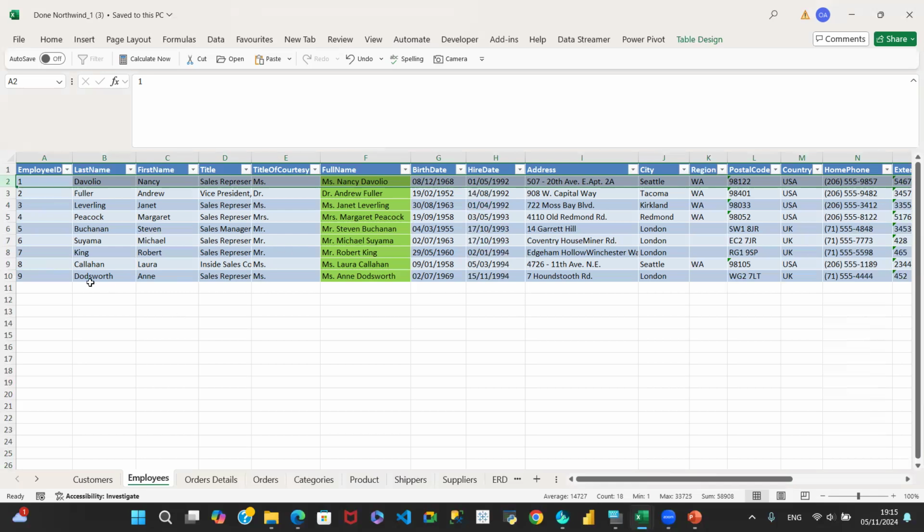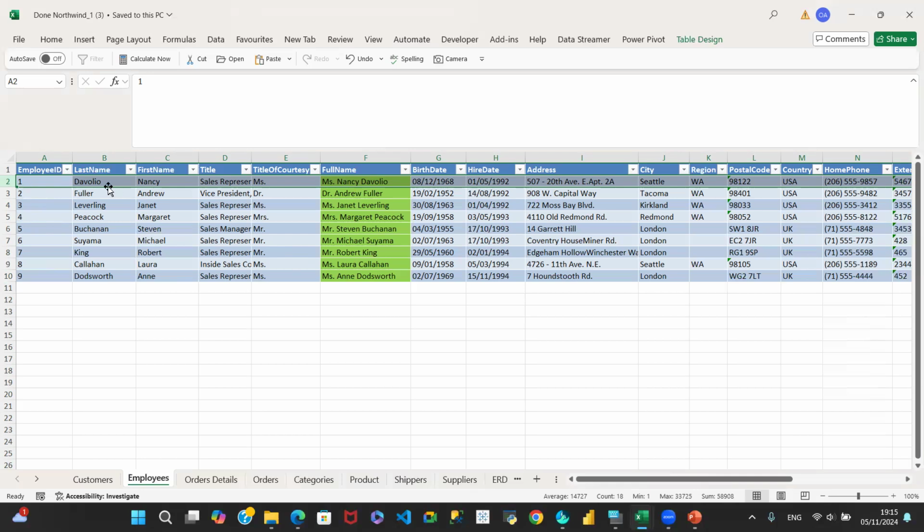Again, each row is unique. So I shouldn't be having exactly the same Davolio on row 11 or any other row in here for that matter, okay? If the names are the same, it's possible that 2 people are bearing the same name, but their employee ID should not be the same.